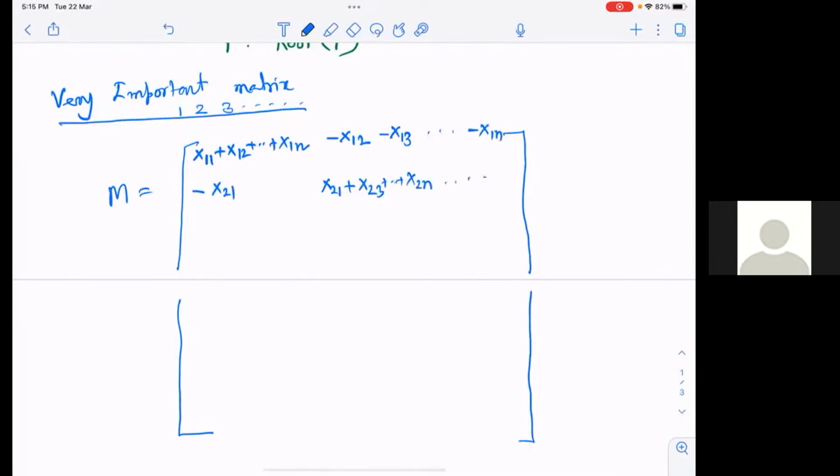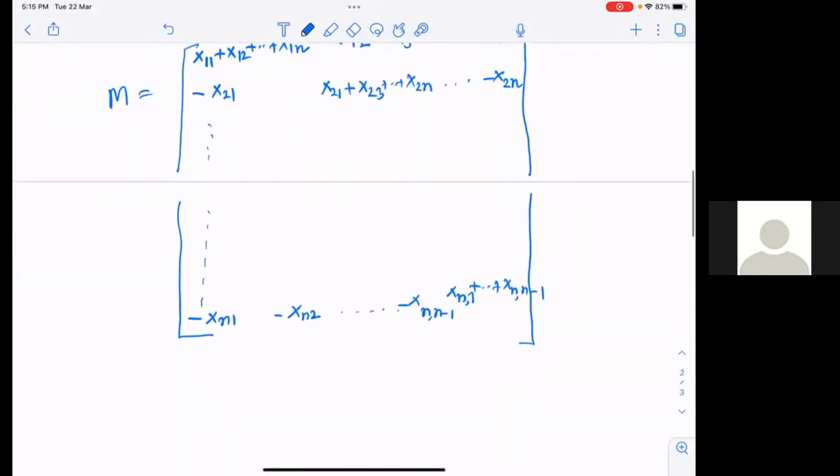And similarly, keep on defining, minus x2n, and you continue this matrix. The last row is minus xn1, minus xn2, up to minus xn,n-1, and then you have a sum, xn1 up to xn,n-1.